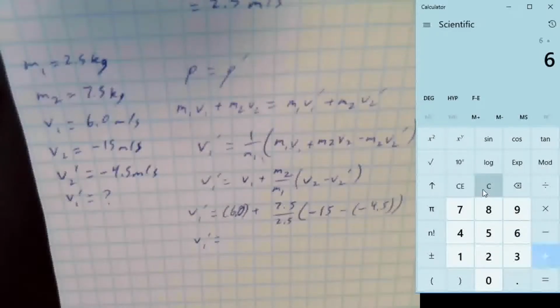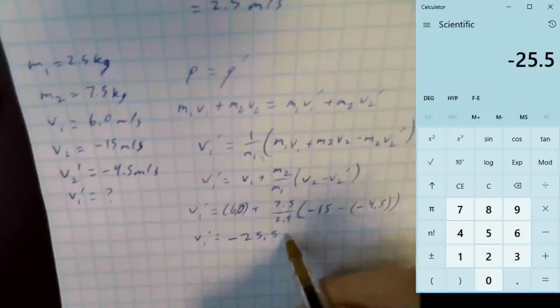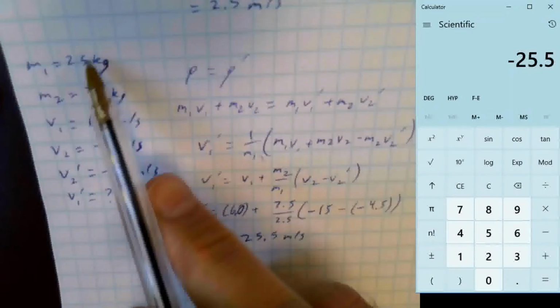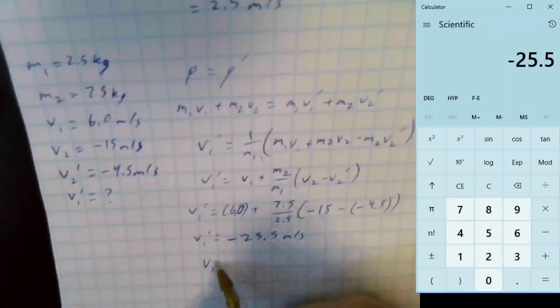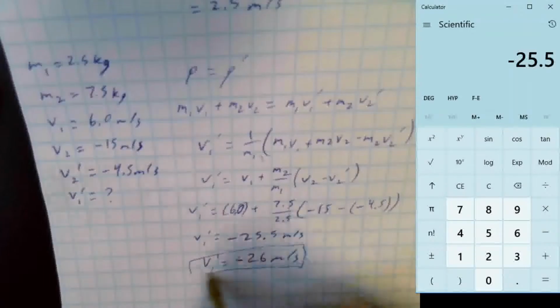It is 6 plus 7.5 over 2.5, which is 3, times bracket negative 15 minus 4.5, which is negative, close the bracket, I hit equals, I end up with negative 25.5 meters per second. Looking back at the problem here on these givens, I have two significant digits, 2, 2, and 2. So my solution here has to have 2. Negative 26 meters per second is my answer.